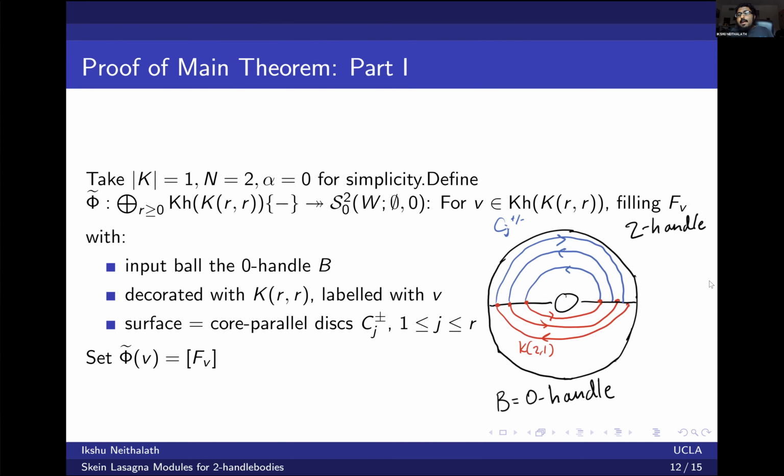So the picture you have to think about is: take any arbitrary surface in this 4 manifold. What you can do with that surface is, by an isotopy, push the entire surface down into the 0 handle, except for maybe a few core parallel disks living in the 2 handle. Depending upon the geometric intersection number of your surface with the co-core of this 2 handle, you'll be left with some number of disks in the 2 handle, but the rest of the surface can get pushed into the 0 handle.